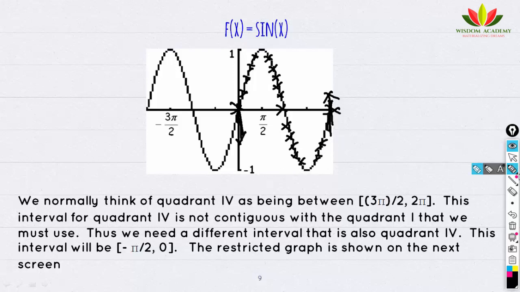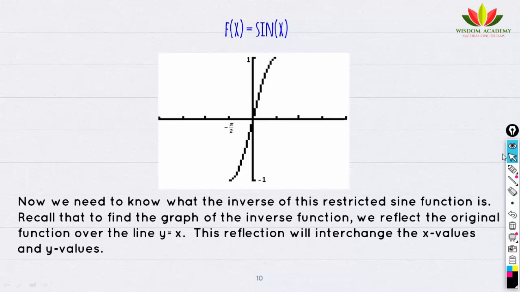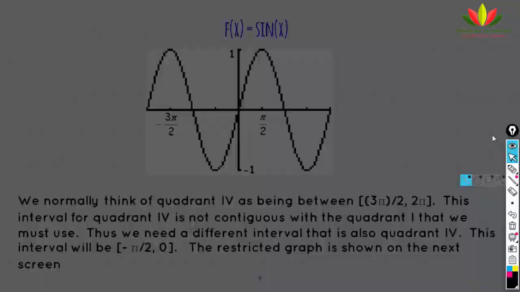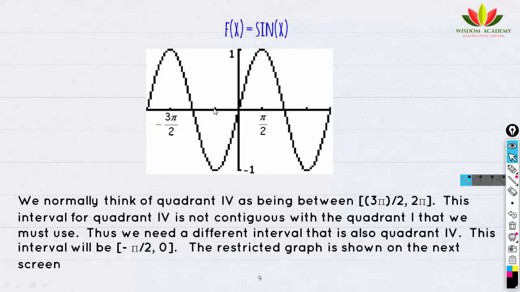Then what is the other way I can select? The other way is, I can select from this place to this place.